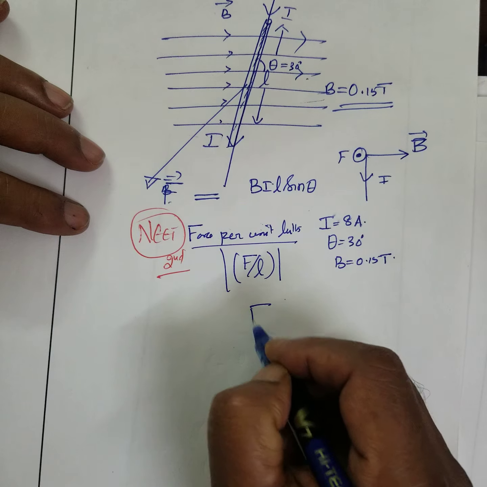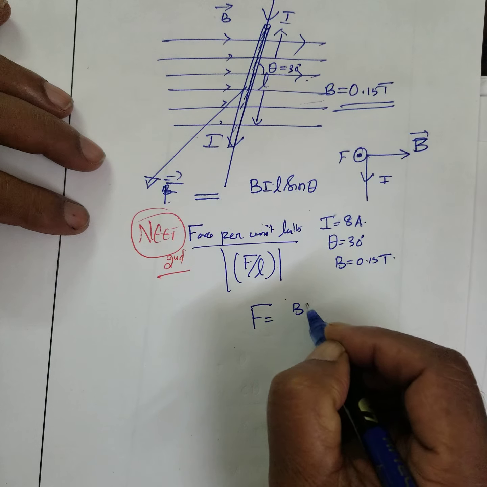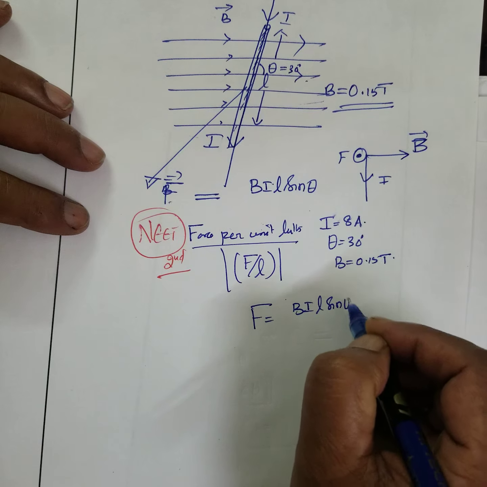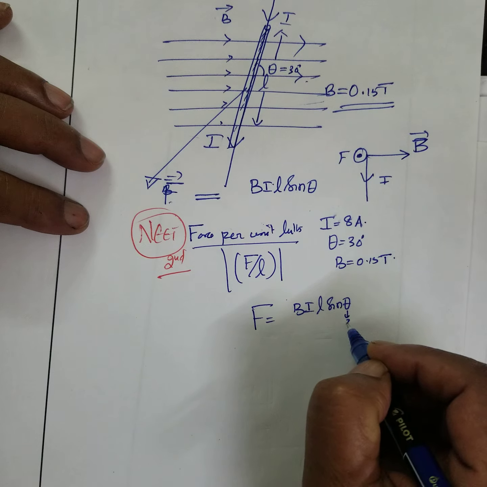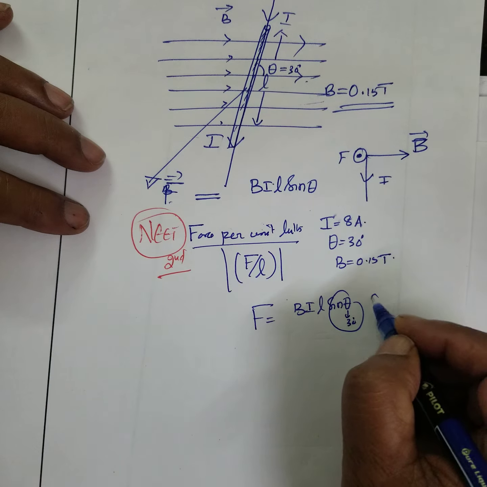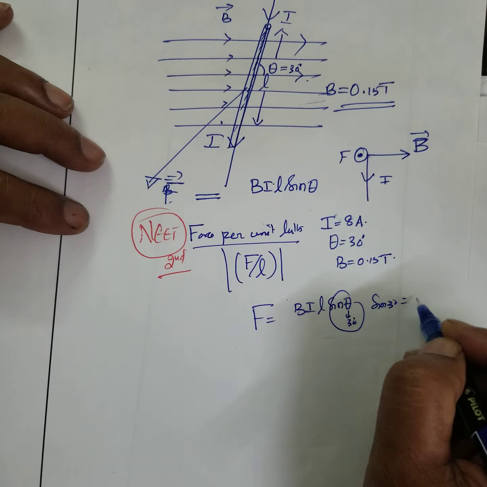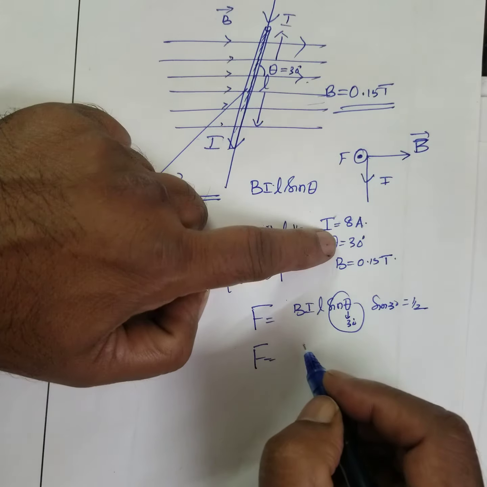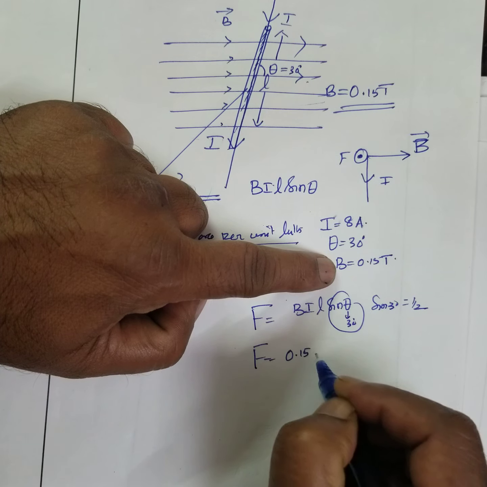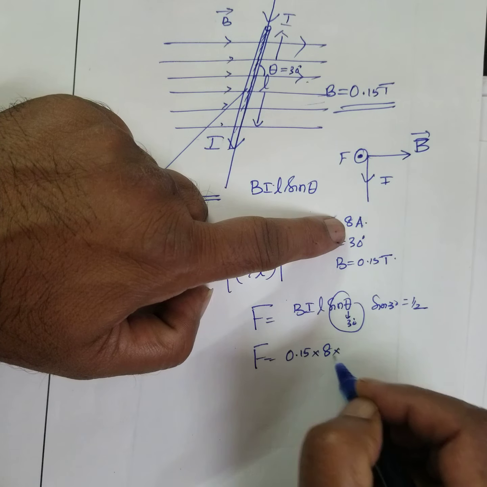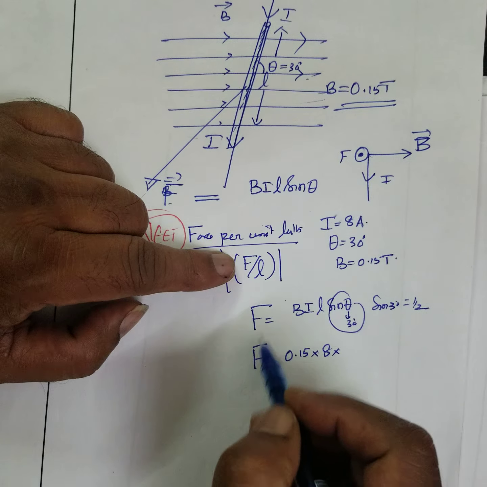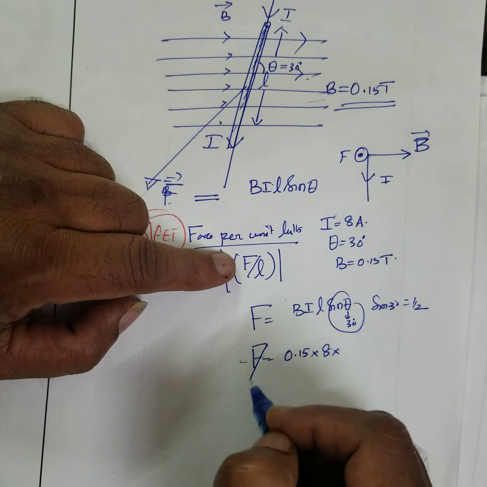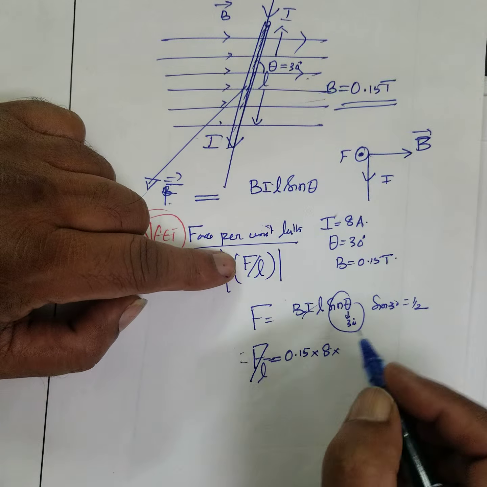You know F is equal to BIL sin theta. Theta is 30 degree. Sin 30 is half. Therefore, force is equal to B, which is 0.15, into I, which is 8 ampere. L is force per unit length, so you bring this down.